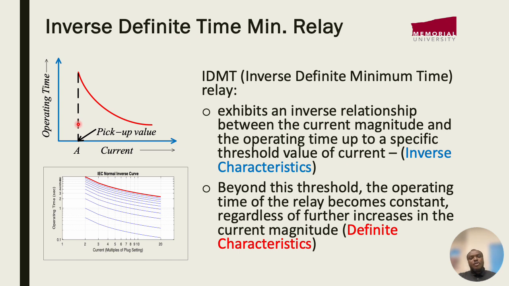The second characteristic of this relay is the definite characteristic. When the current increases beyond a certain threshold, the relay response period is almost constant. It doesn't really change. As this curve projects in a constant manner, the response time will also be constant.